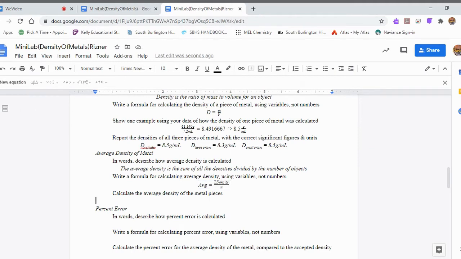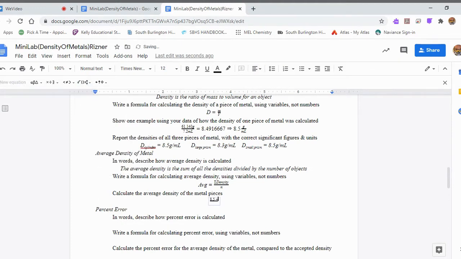And now to show our work, it would be that the average is 8.5 plus 8.3 plus 8.5 divided by 3. Now, in terms of sig fig rules, that number 3 is actually an exact number. We had exactly 3 densities, and so the number 3 does not affect our significant figures.